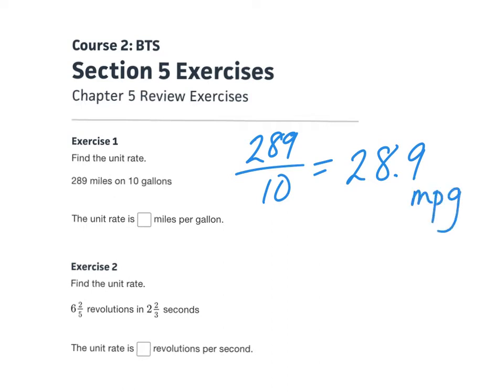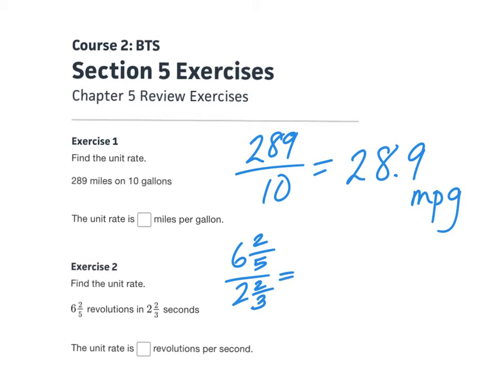Second one, find the unit rate. 6 2/5 revolutions in 2 2/3 seconds. So don't get tricked up by these mixed numbers. We can still divide them. So we have 6 2/5 divided by 2 2/3. I'm going to change these into improper fractions.